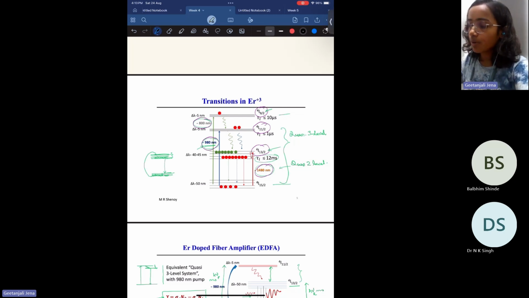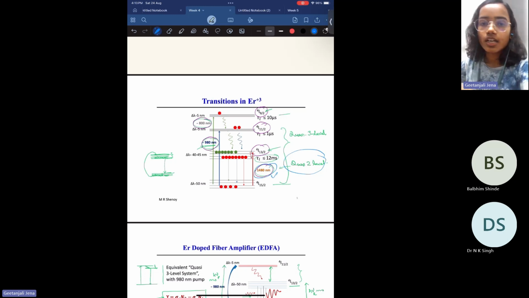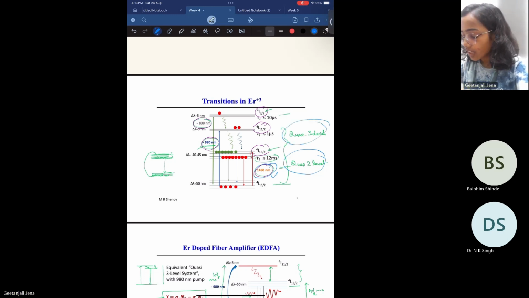If we use a 1480 nanometer pump, we can visualize the EDFA as a quasi 2-level system, and otherwise, if you use 980 or 800 nanometer, we can describe the EDFA as a quasi 3-level system.